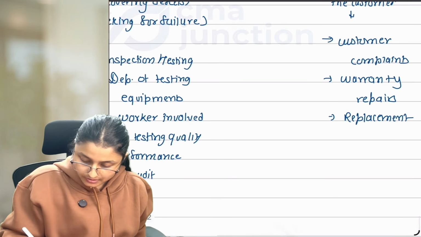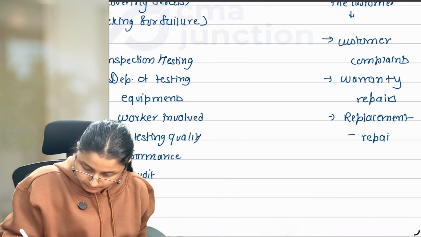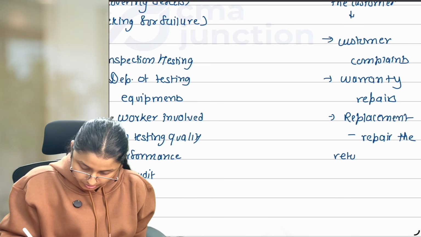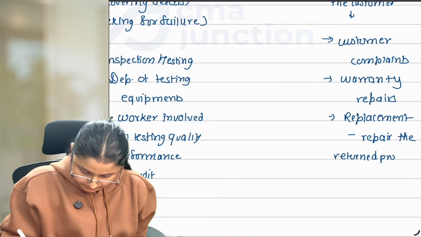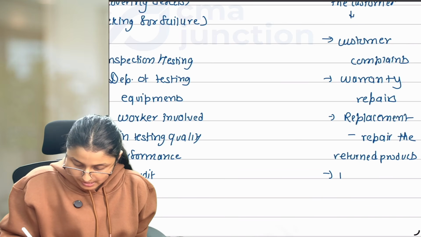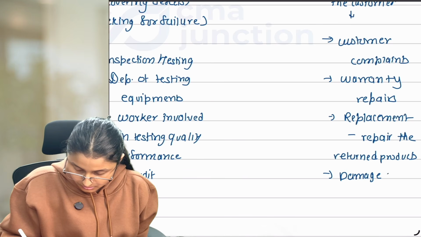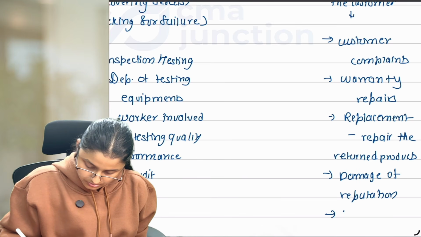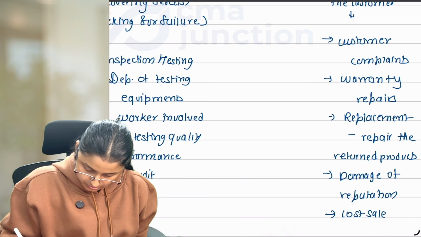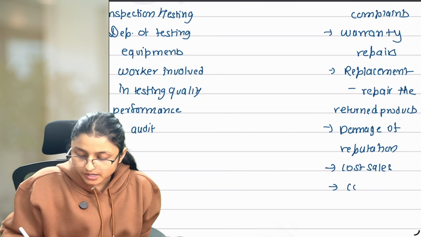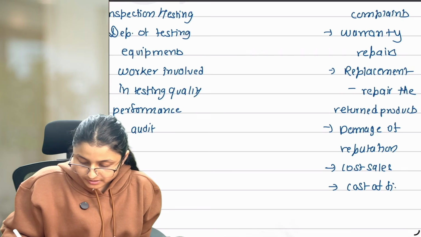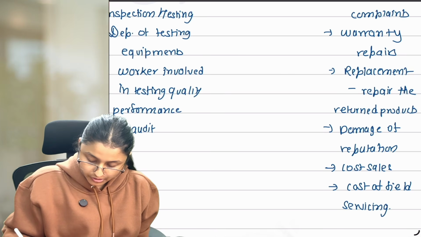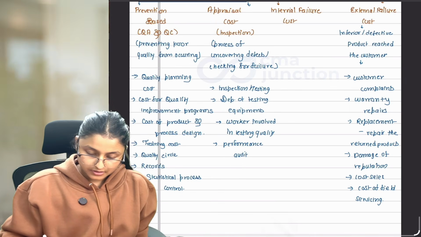And if we are replacing, then we need to repair the returned products. Damage of reputation, lost sales, and sometimes it can also happen that we need to go to the place where the customer lives and then service the product there. That is known as cost of field servicing.